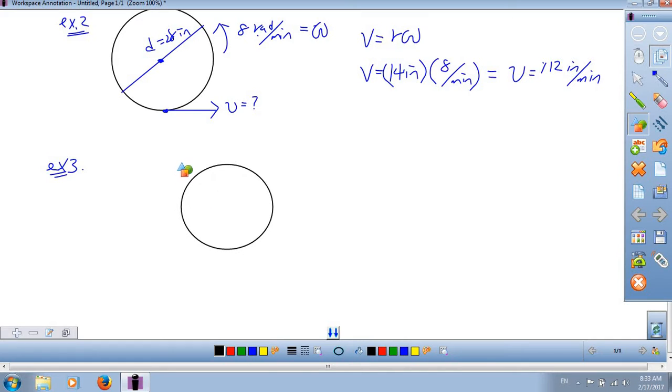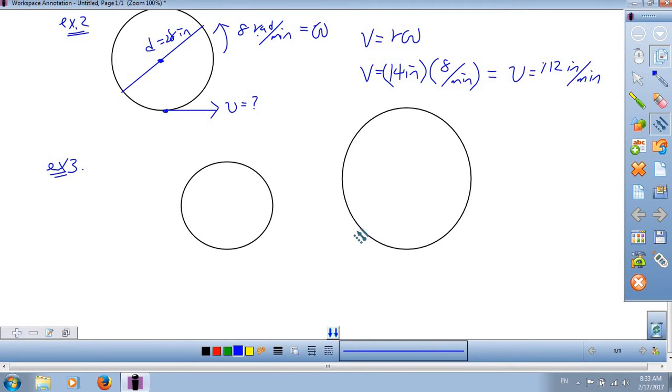Let's say we have a small wheel and we have a bigger wheel. They're connected together by a belt. So the small wheel is connected to the large wheel by a belt. Let's say the large wheel has a radius of 8 inches, and the small wheel has a radius of 2 inches.